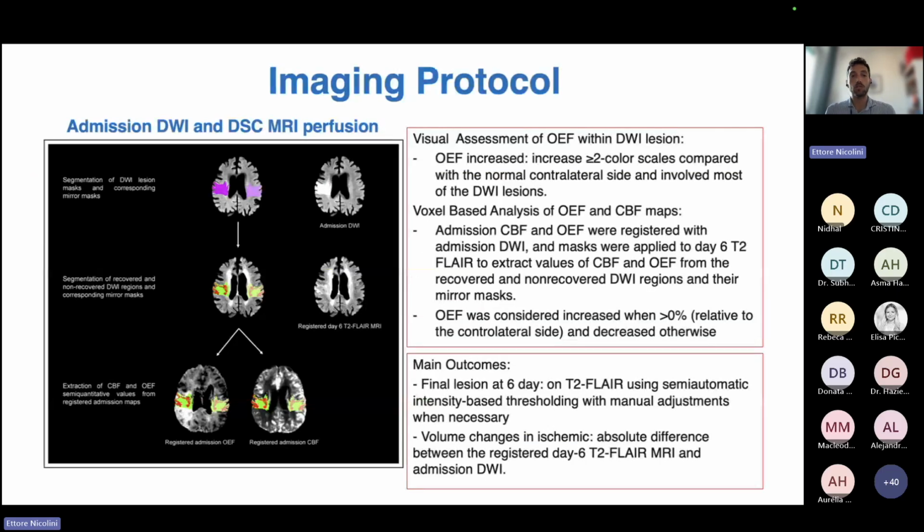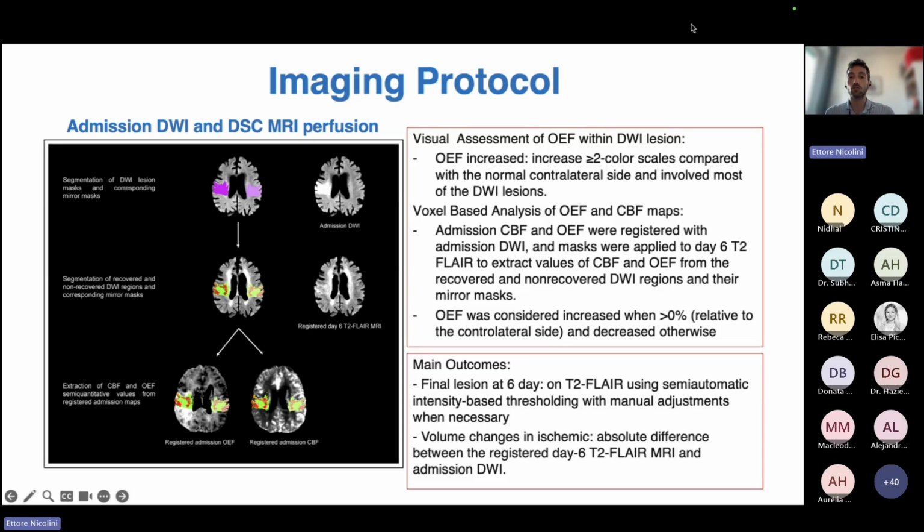This is how they did it as for the imaging protocol. First, they did a visual assessment within the DWI lesion to detect if OEF was increased. And OEF increase was defined as an increase of more than 2 color scale steps compared with the normal contralateral side.